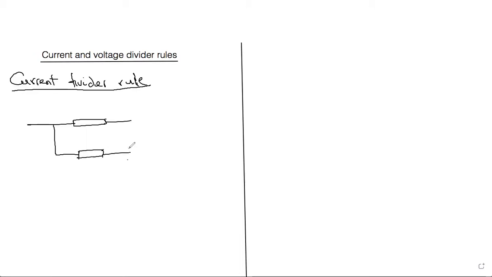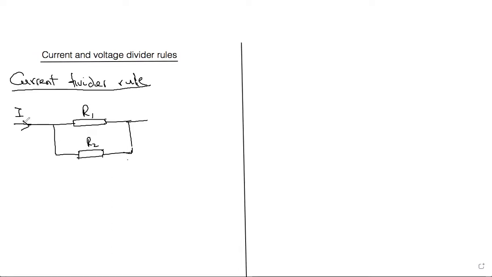Let's say this is R1 and this is R2. And you have this current I as the current that is flowing through the circuit. So let's say you have a voltage source here. I don't want to show that now.